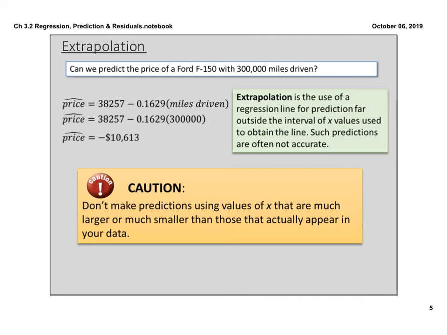Let's talk about extrapolation. Extrapolation is something that happens when we try to look outside of our data range. So in the previous slide, the data went from 0 to 160,000 miles, okay?